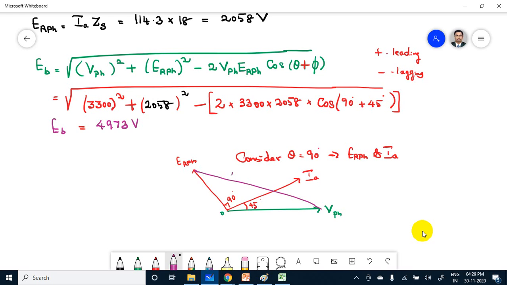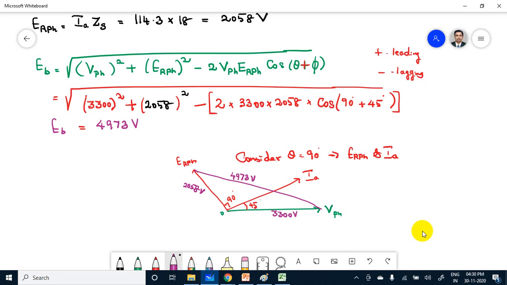This line is 4973 volts, the line from 0 to ER phase is 2058 volts, and the line from 0 to V phase is 3300 volts.